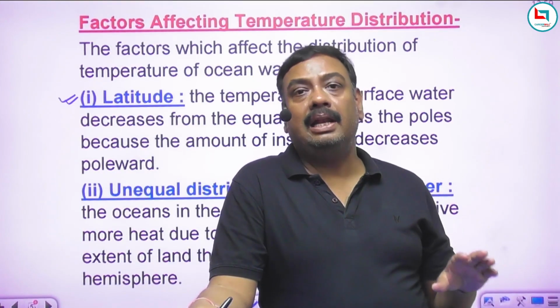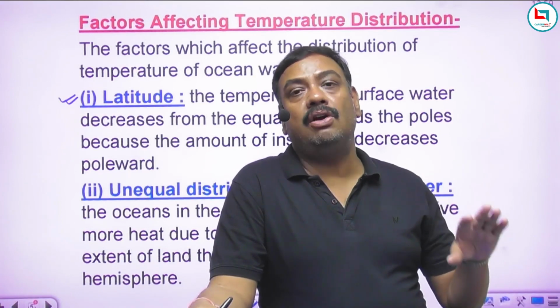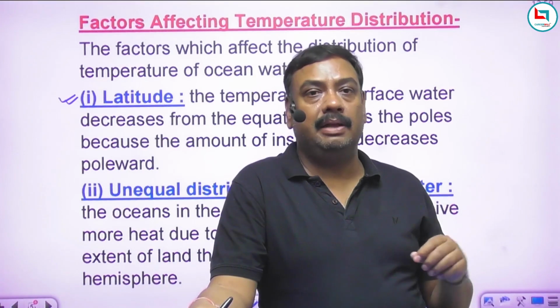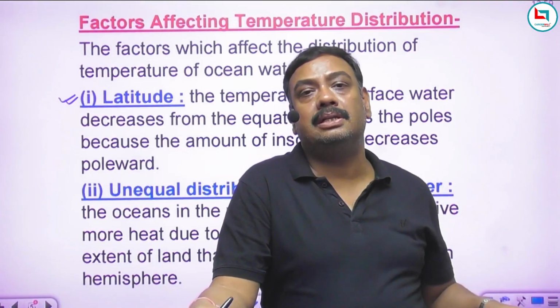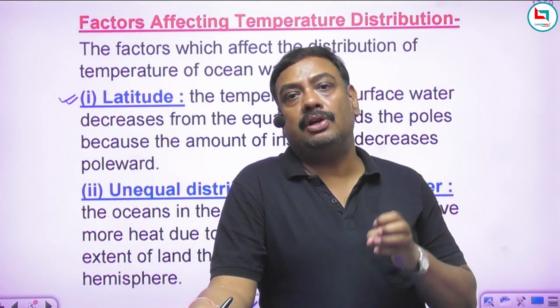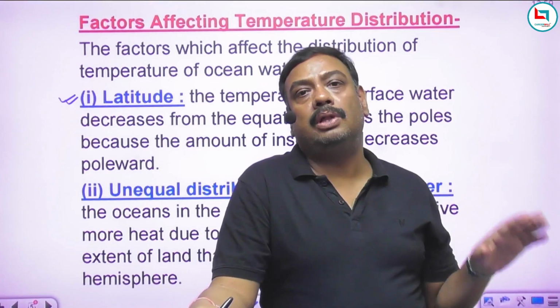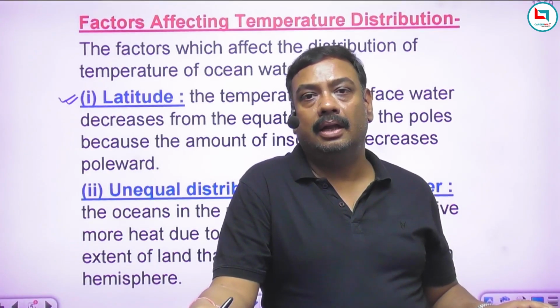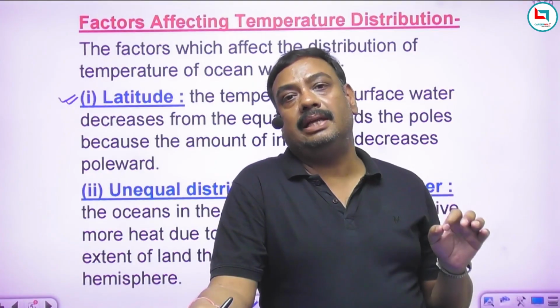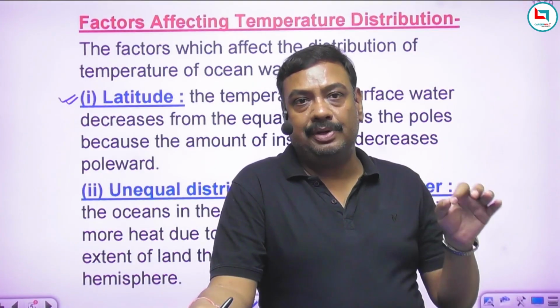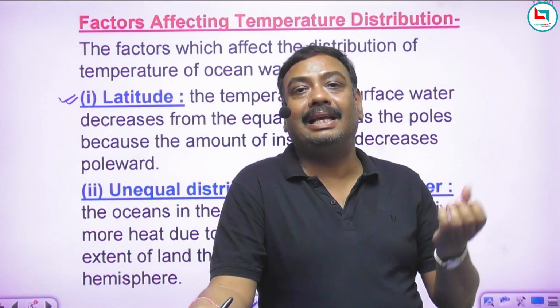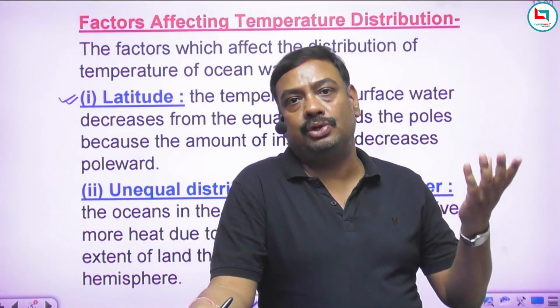So particularly when it is time for the heating of the land surface in the northern hemisphere, the distribution of temperature is seen more to the ocean water. Got it? And in that way, you can say that the distribution of temperature in the ocean water increases the value of temperature in the ocean water.